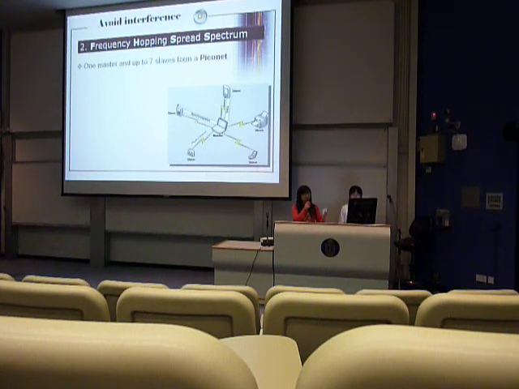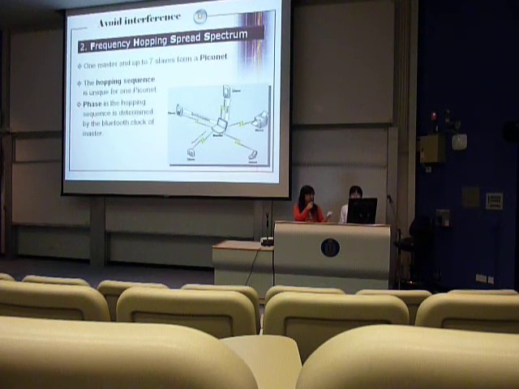Every device in the same piconet will have the same frequency sequence, but different piconets will have different frequency hopping sequences and phases, which are designed by the master in the piconet. So one device cannot play the role of 2 masters at the same time, and in one piconet, only one master can exist.